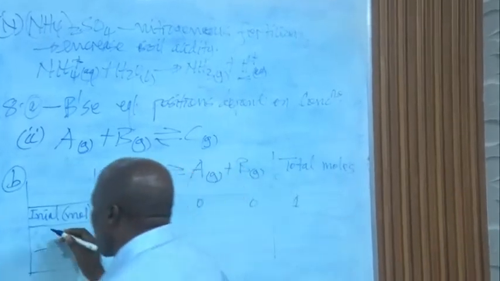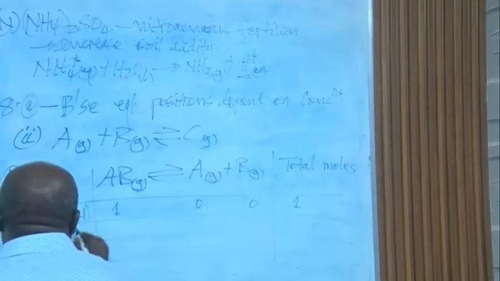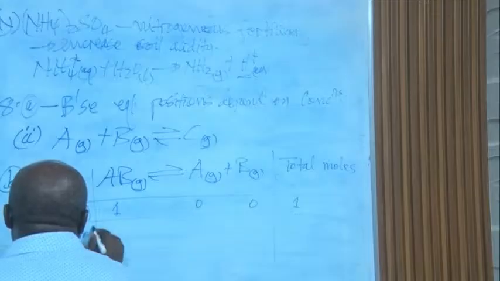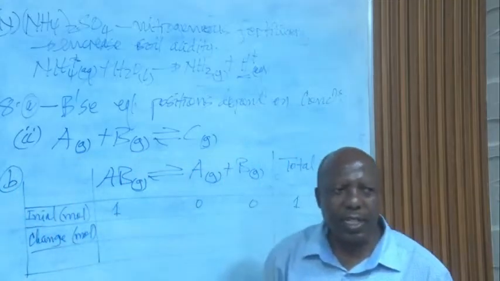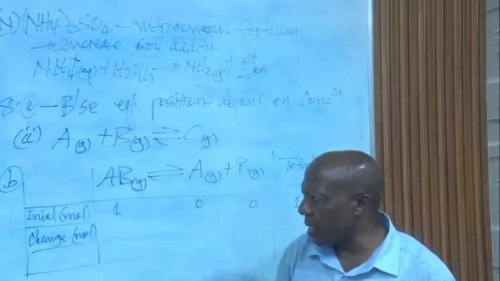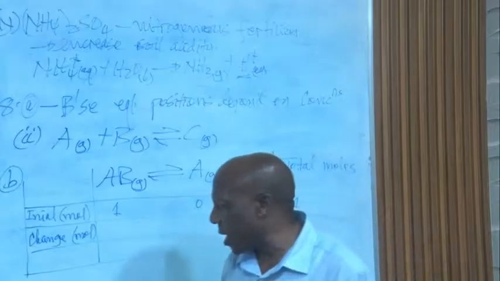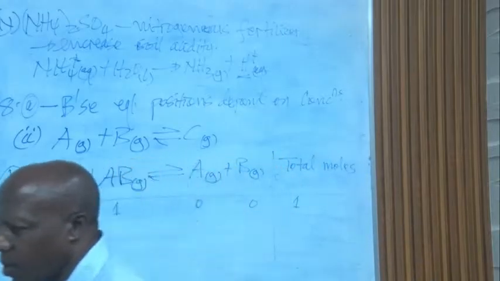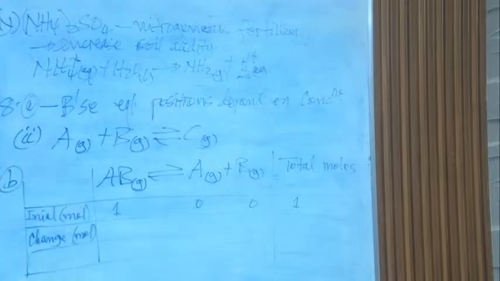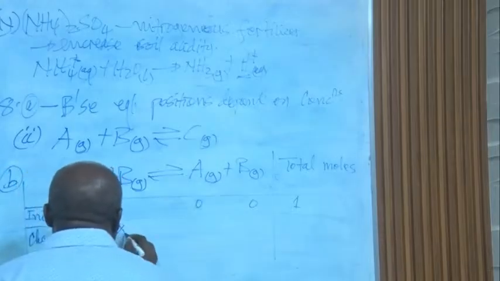Then the change in number of moles during the chemical reaction. During a chemical reaction, reactants decrease while the products increase. So we assume that x moles of AB are converted to products, so we take minus x.